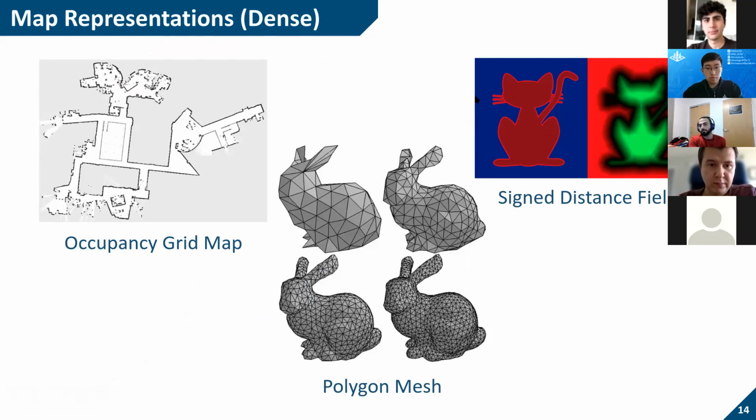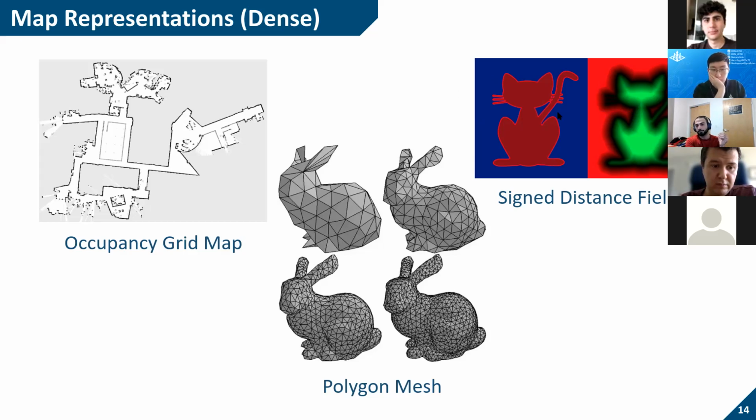More complicated representations are signed distance fields, where you can partition the whole space into outside of the object, on the object surface, and inside of the object by the sign of the distance to the closest point to the object.